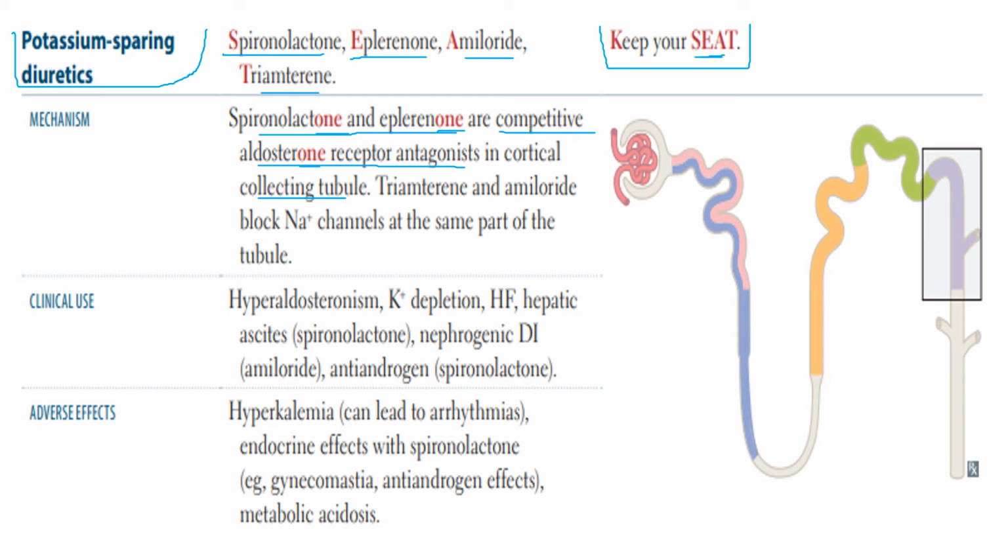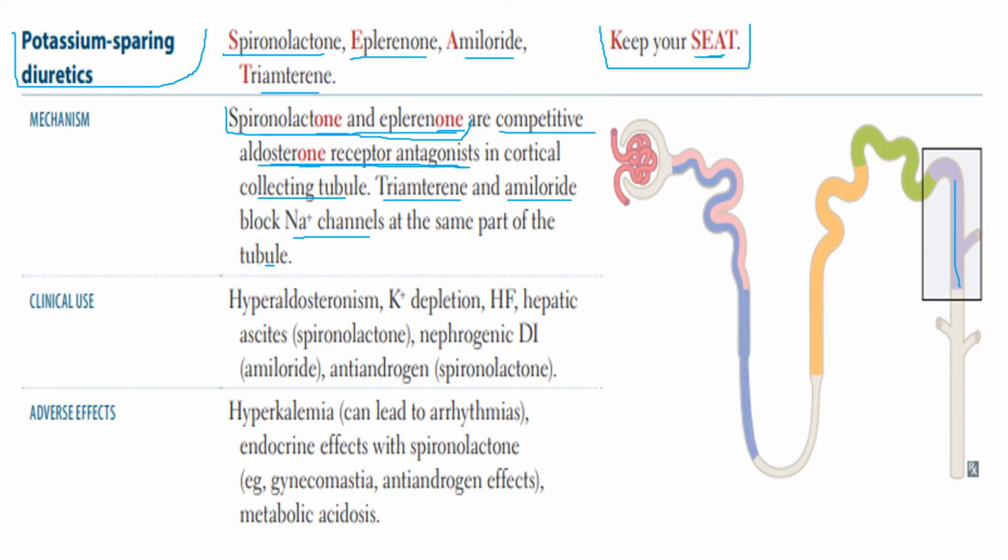So you can remember on the basis of that one: spironolactone and eplerenone are competitive aldosterone receptor antagonists in the cortical collecting tubule. Triamterene and amiloride block sodium channels at the same part of the tubules, which is the collecting tubule.